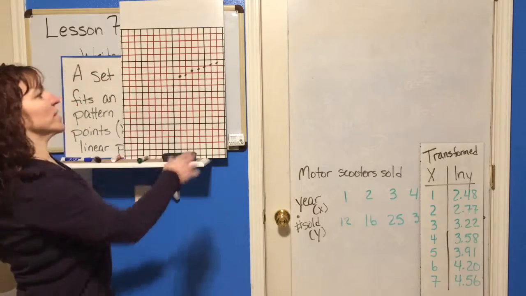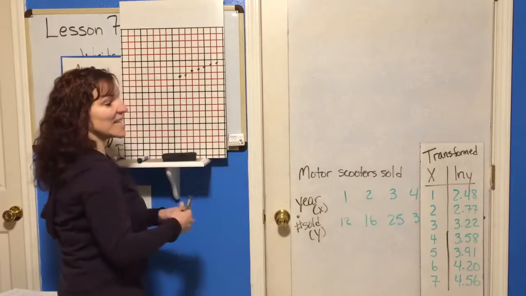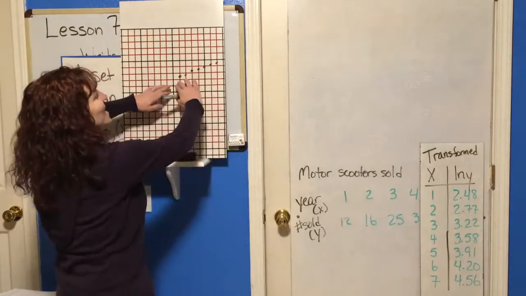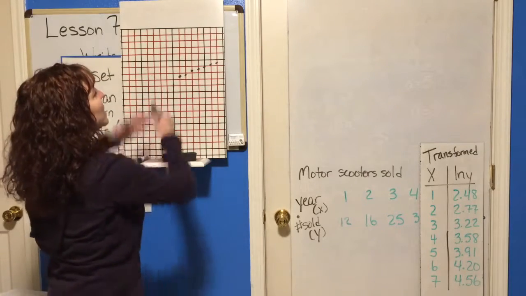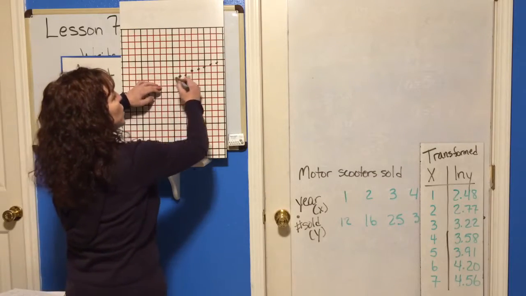So these are my points that have been transformed. The x stays the same, and for the y, I've taken the natural log. And I can see that, oh yeah, that's pretty darn close to a line. It's not exactly a line, but it's fairly close. So I could have a line of best fit through here.